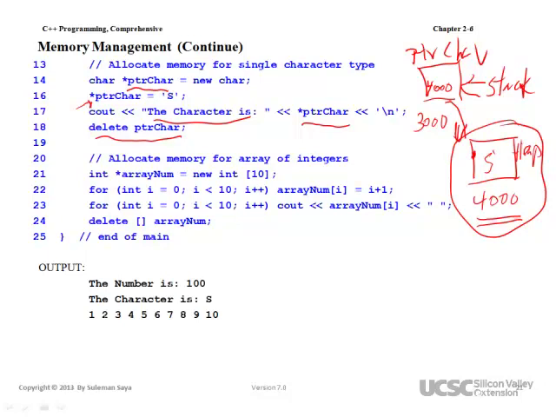So that's why eventually that web server will crash. Okay? In those kinds of programs, it is very important to remember to release the memory as soon as you are done, meaning delete the memory.